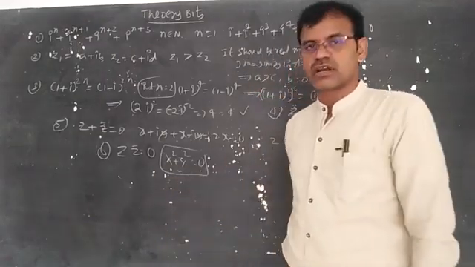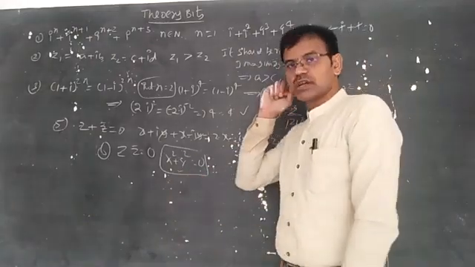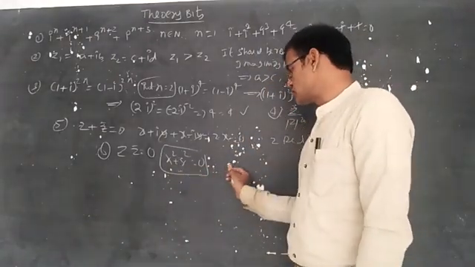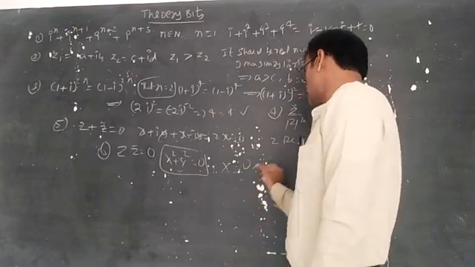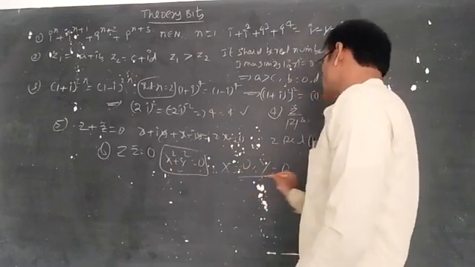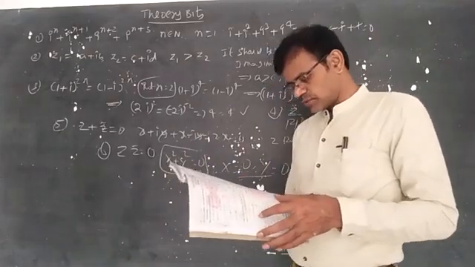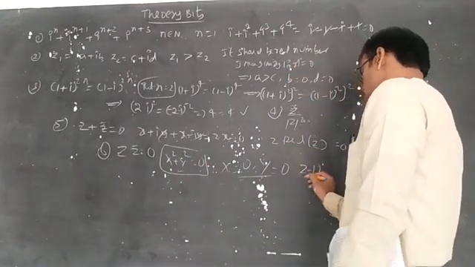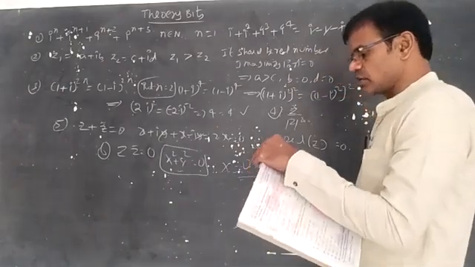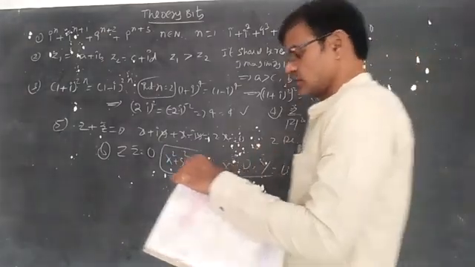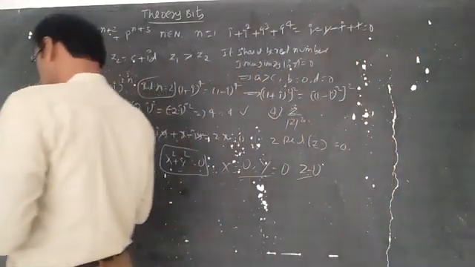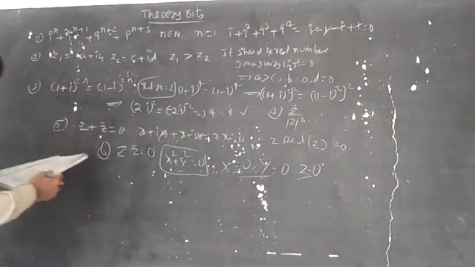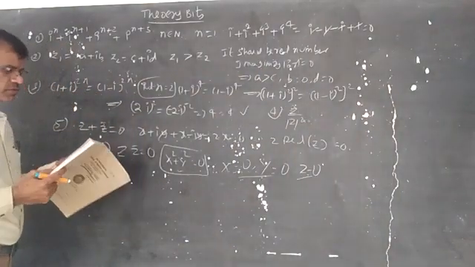That is why x equal to 0 and y equal to 0, there is no other alternative. This is complex 0, so simply z is equal to 0. Whenever x is equal to 0 and y is equal to 0, you can write z is equal to 0. This is the sixth one.